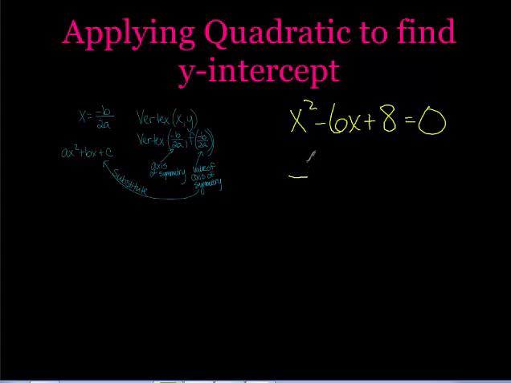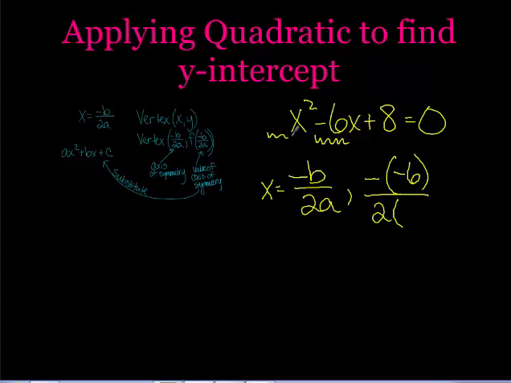We're going to take the opposite of b over 2a to find out what our x value is. My b term is always with my x term, so negative 6 over 2 times my a. There's nothing there, so we assume that it is a 1. The opposite of negative 6 is 6 over 2, and that will give me 3.